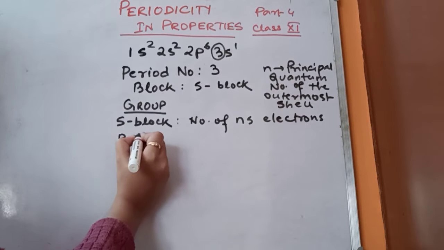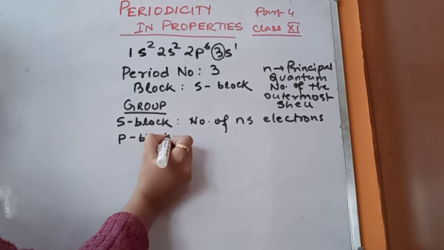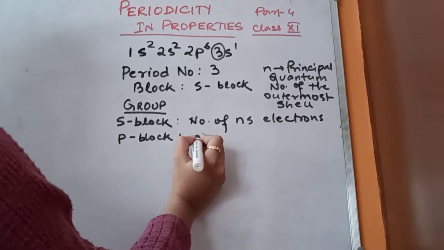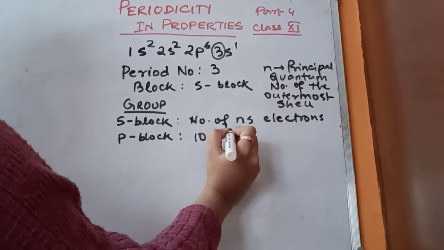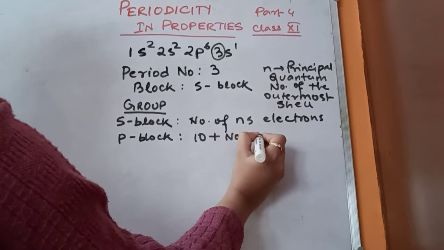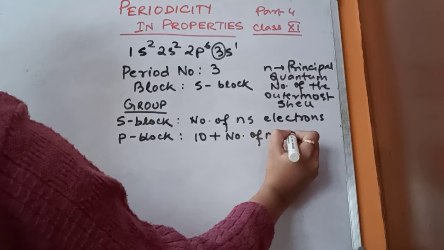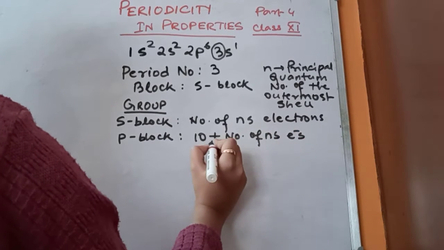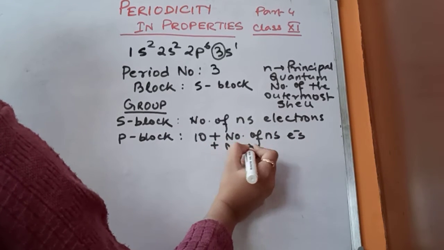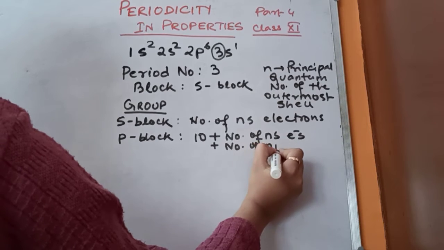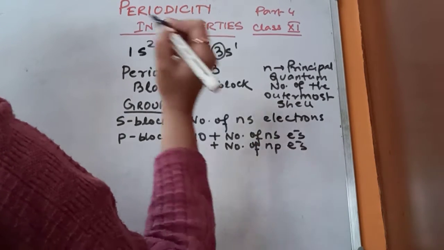For p block, the group number will be equal to 10 plus the number of ns electrons plus the number of np electrons.